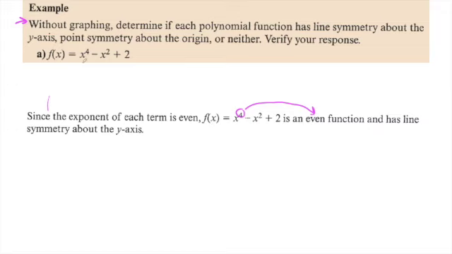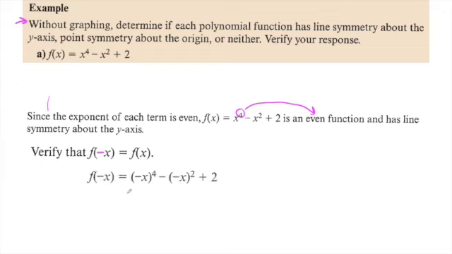Okay, so x to the 4 minus x squared plus 2. Remember, what you're going to check is f of x equal to f of negative x. So you're going to check, is this the same thing? Okay, so all you're going to do is see if the negative value of x gives the same value as x.